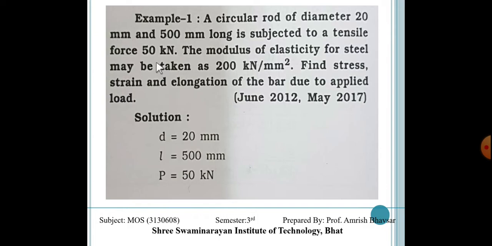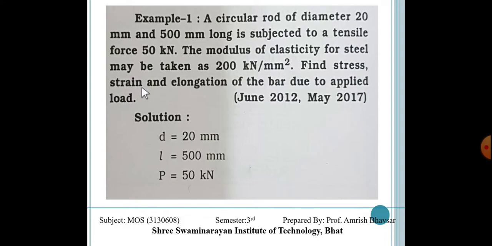First example: a circular rod of diameter 20 mm and 500 mm long is subjected to a tensile force of 50 kN. The modulus of elasticity for steel may be taken as 200 kN per mm square.